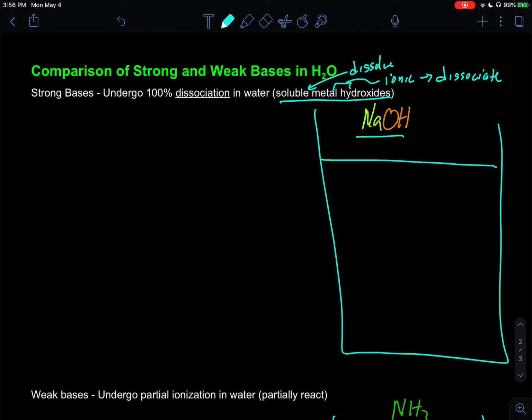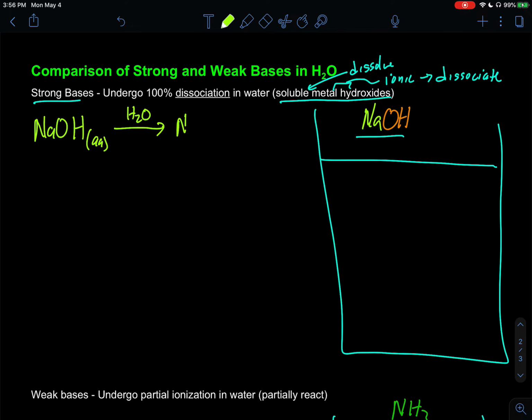more hydroxide ions. So with our strong bases, these reactions are going to look a little bit different than our weak bases, strong acids, and weak acids. What we'll see here is that we'll have our sodium hydroxide, our strong soluble metal hydroxide. It is going to dissociate, and I'm going to write water above this to say we know that this is in water.